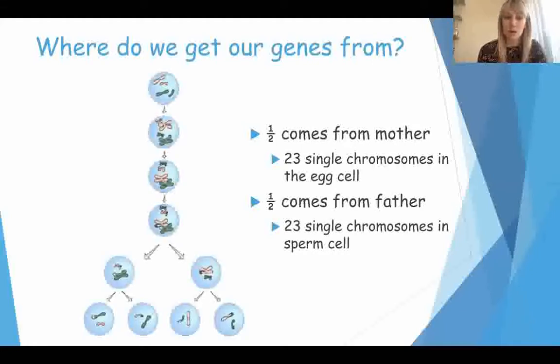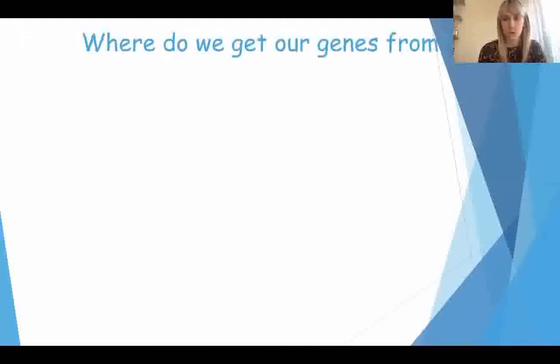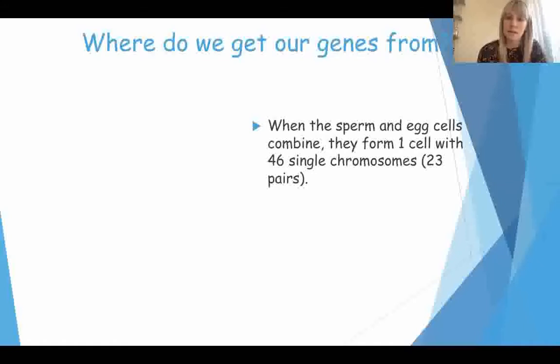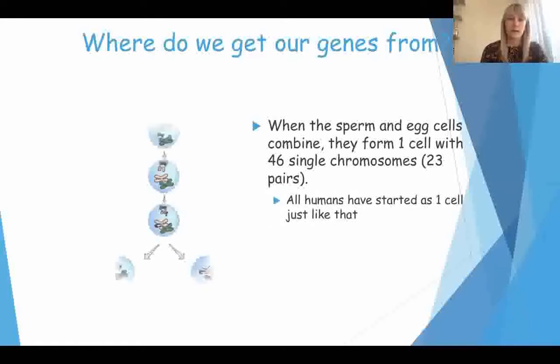You saw how that happens and the variations in each. You've already done that. So when the sperm and egg cells combine, they form 1 cell with 46 single chromosomes, 23 pairs. Remember, 1 from mom, 1 from dad. Pairs, 23, 23 equals, each person has 46 single chromosomes. And all humans start the same way.